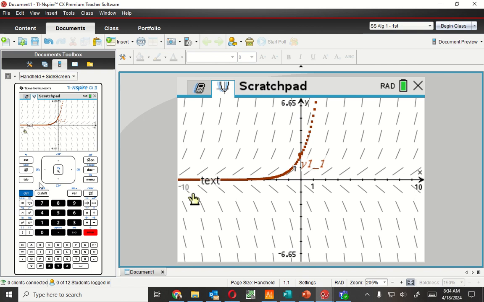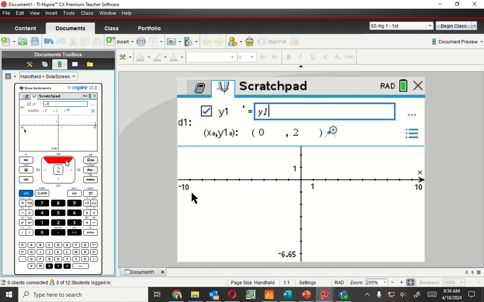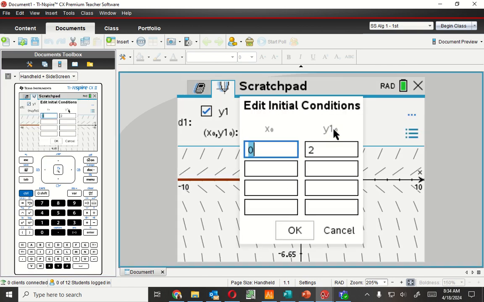And if I want to do a couple more, I hit tab, go back up to it, and let's add a couple different ones. Okay, give me some coordinates here. 1, 4. Any negatives? -6, 5.